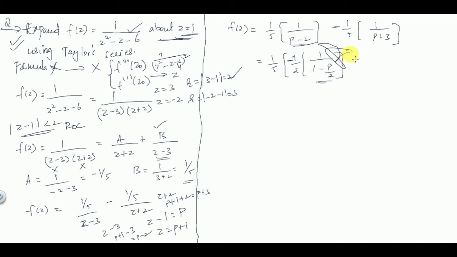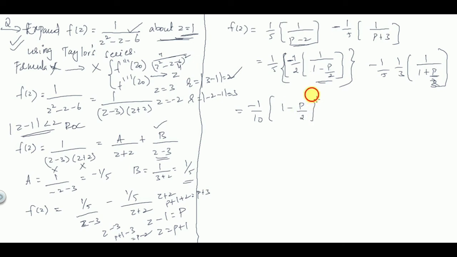Then take 3 common in the other term, so you'll get 1 by 1 plus p by 3. So it will be minus 1 by 10 into (1 minus p by 2) whole inverse, minus 1 by 15 into (1 plus p by 3) whole inverse.